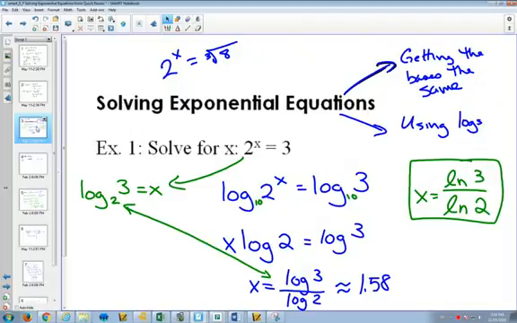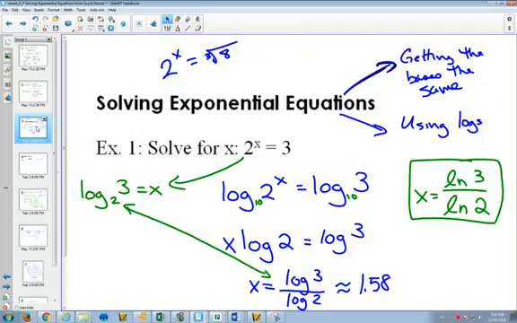So our first quiz, I think I had 10 questions on there that were like that, on that first take-home quiz, where you had to rearrange them to get the bases the same. That's because those would be non-calculator questions. If they're calculator questions, you probably can't get the bases the same, then it makes sense to use your logarithms.